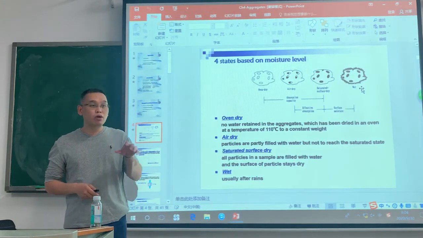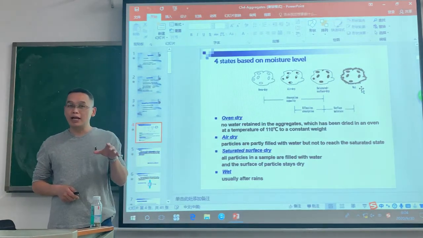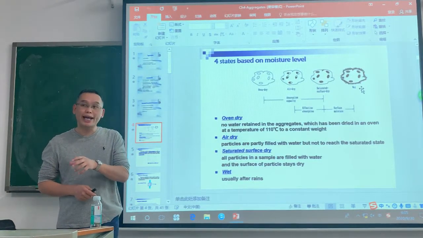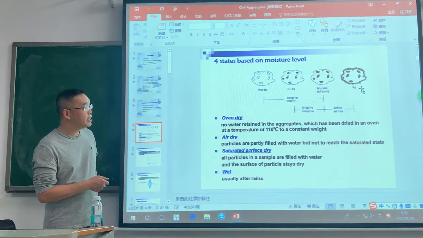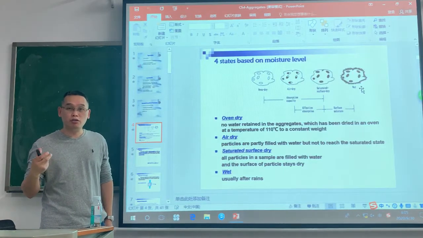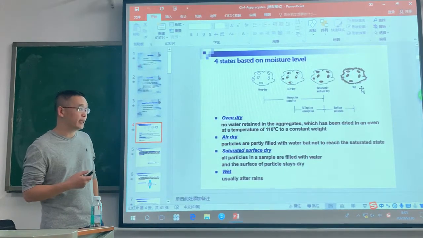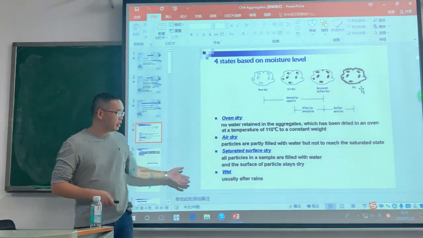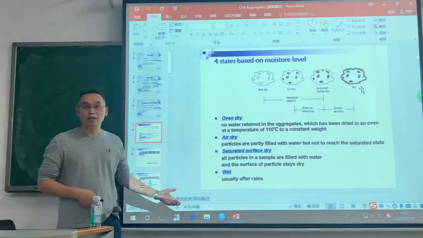Air dry means the moisture in the pores of the aggregate is equal to the atmosphere. And then saturated and surface dry. And the last one: after the rain, we can get the wet state of the aggregates.